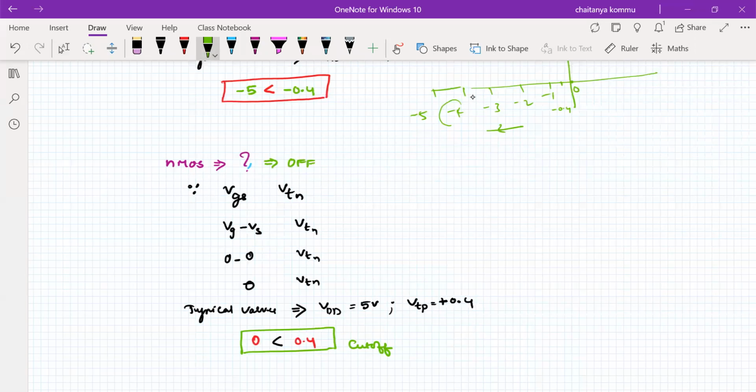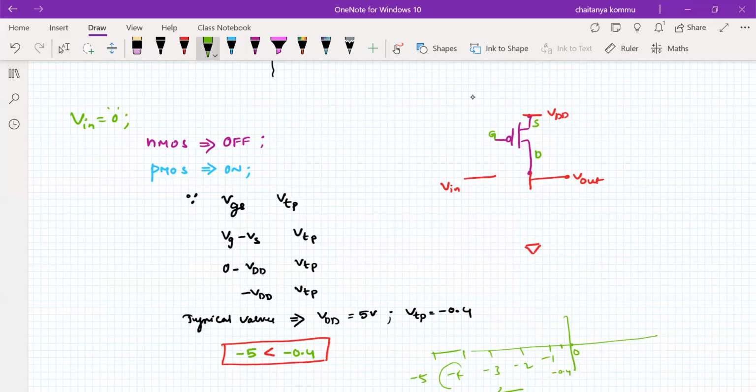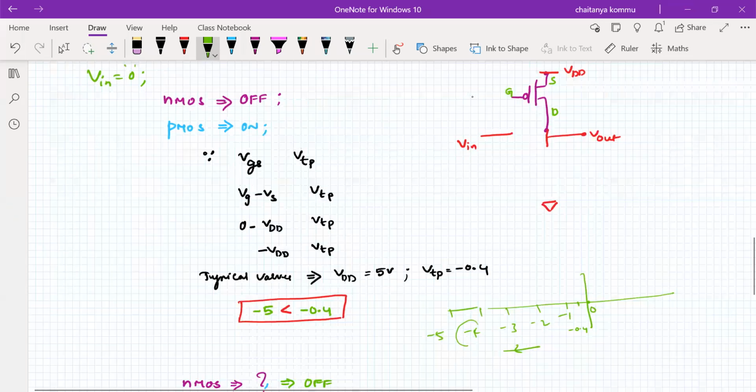Please remember that. That is the reason it is open circuited for NMOS, and the PMOS transistor is on. So whenever Vin is equal to 0, the NMOS transistor is off, the PMOS transistor is on. That's what we observe.